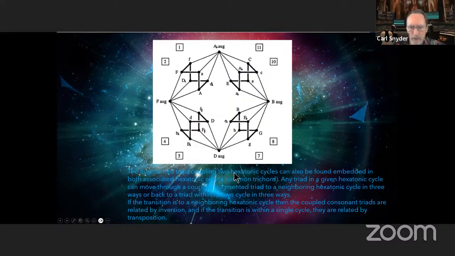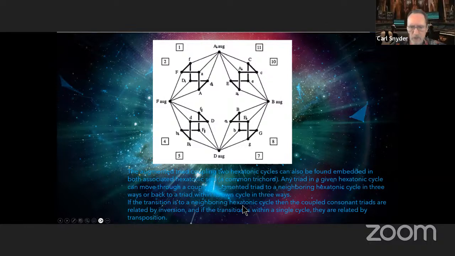The augmented triad coupling 2 hexatonic cycles can also be found embedded in both associated hexatonic sets, a common trichord. Any triad in a given hexatonic cycle can move through a coupling augmented triad to a neighboring hexatonic cycle in 3 ways: 1, 2, 3, like Mike said, or back to a triad within its own cycle in 3 ways: 1, 2, 3.